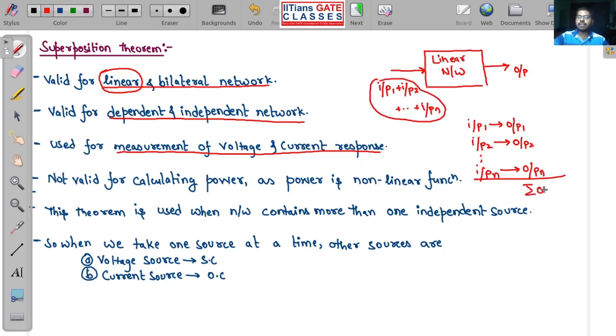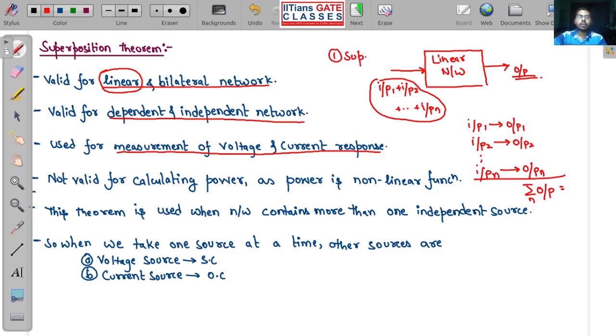The summation of these outputs is equal to the output. This is only valid for a linear system, where we can add inputs and get the same result as when we take the inputs combined.